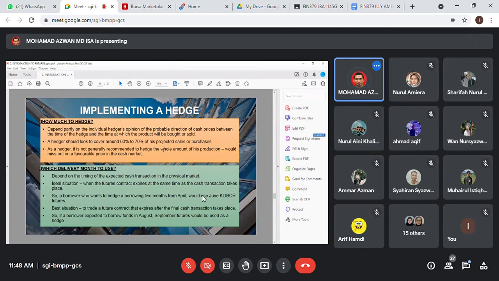That 5,000 is your exposure. So it depends on the 5,000. If you have 5,000 metric ton to buy, it means your futures market is based on 5,000 metric ton. Okay.